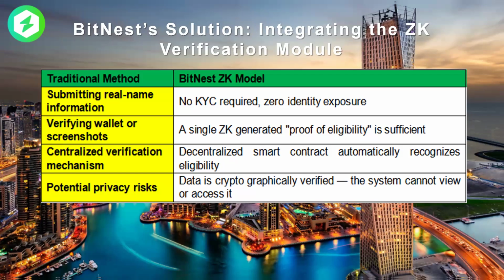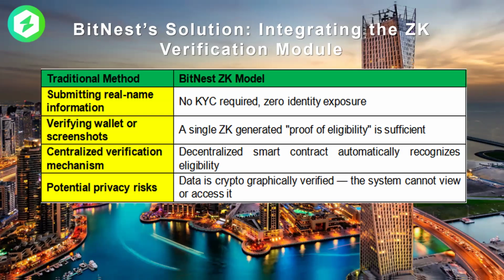And then the poor user experience: users are required to provide KYC information and undergo an asset verification process, which is cumbersome and complex, significantly reducing the willingness of genuine users to participate.